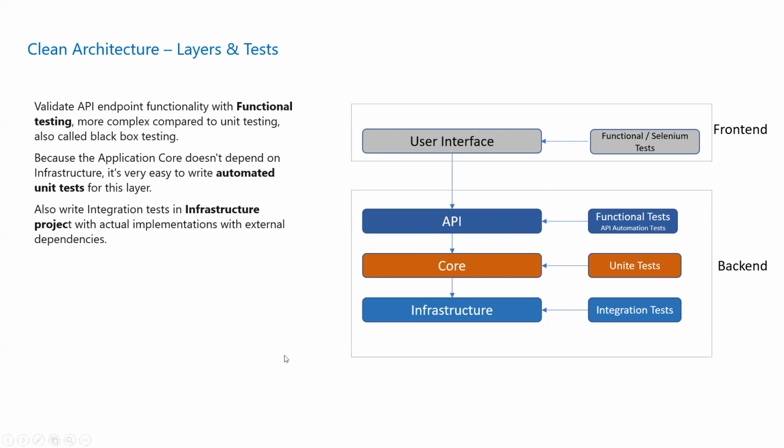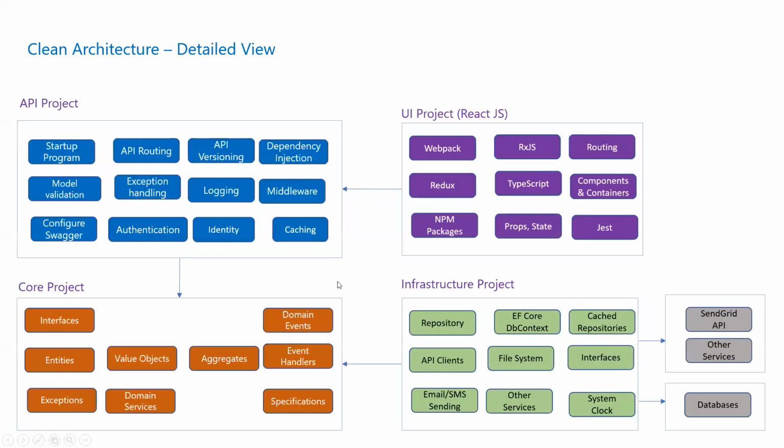If I'm calling the SendGrid APIs, will my SendGrid service work as expected? If I'm calling any of the other external web services from the infrastructure, make sure that those endpoints are working as expected. So you will be performing the integration test cases, and these integration test cases will be automated in the Azure DevOps pipeline. This is about the layers and the test cases.